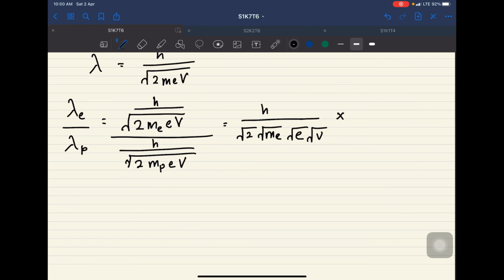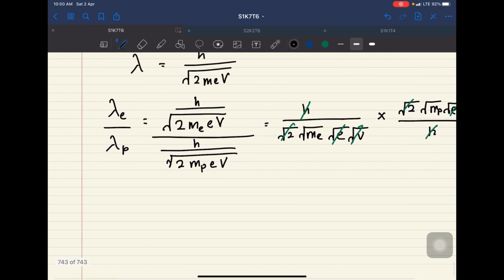So division, you can change to multiplication, but you have to put it upside down, so it becomes square root of 2, square root of MP, square root of E, square root of capital V, over H. Cancel out the H, square root of 2 cancels out, constant E, constant V, this V is the same, so lambda E over lambda P is equal to square root of MP over ME.